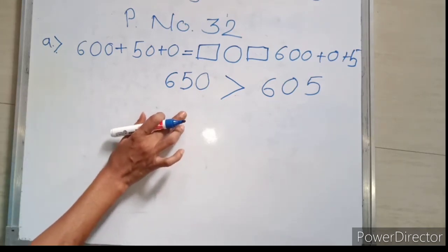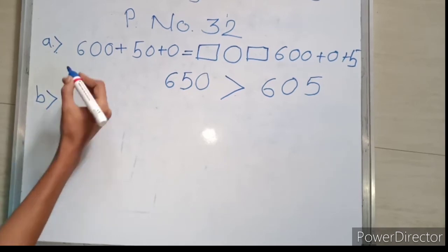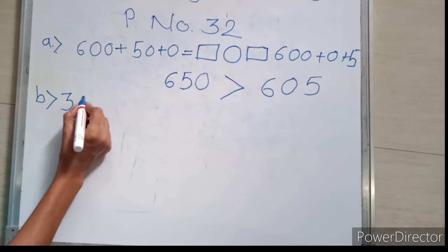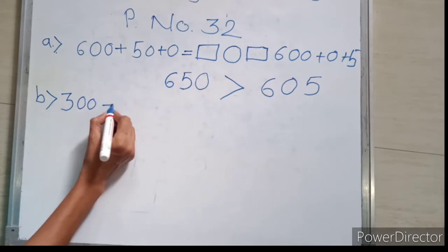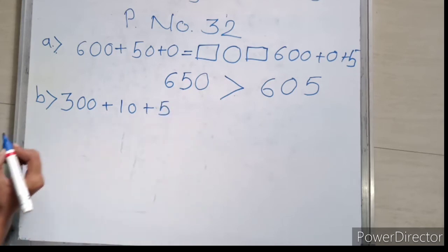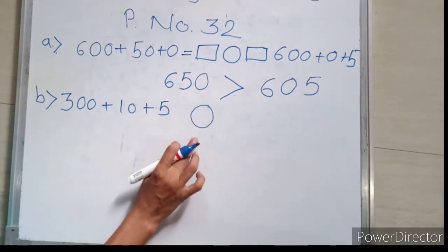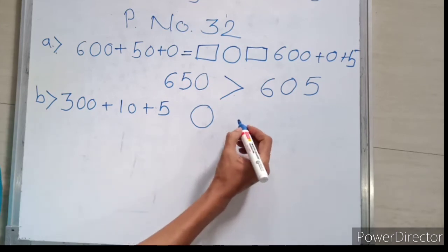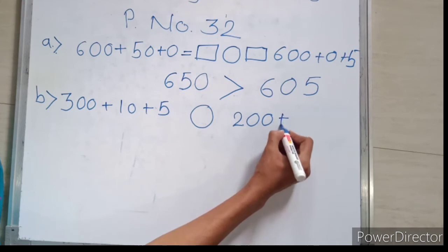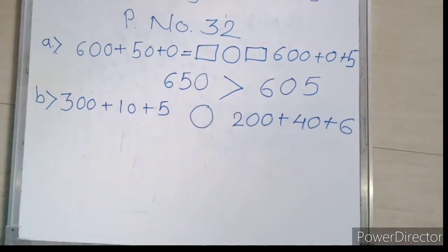Now one more question we will see. Not from the book, just one question. 300 plus 10 plus 5. Here we have to put the comparison sign, and the other side is 200 plus 40 plus 6.